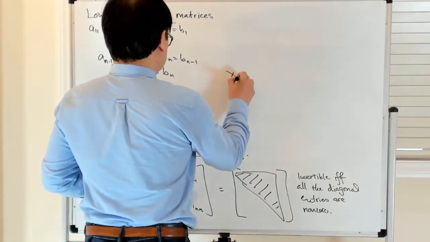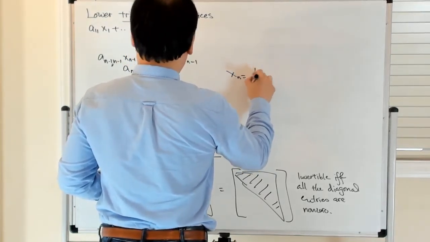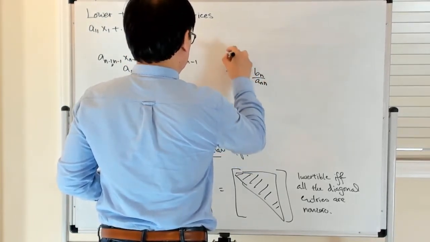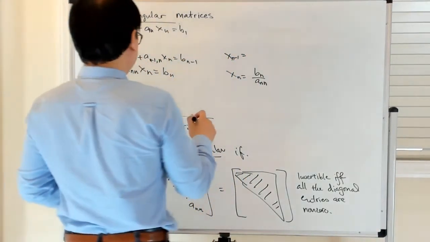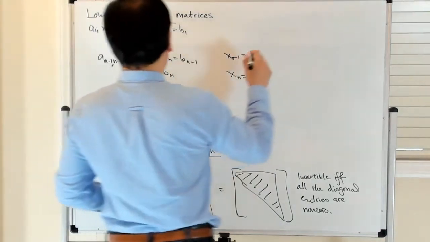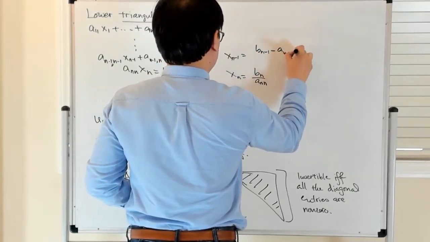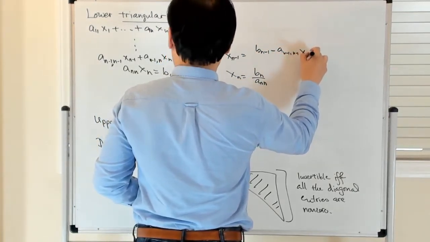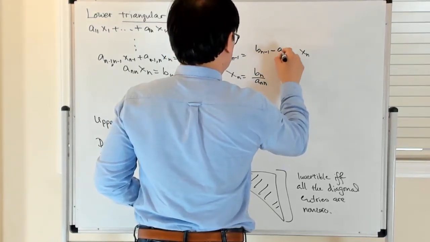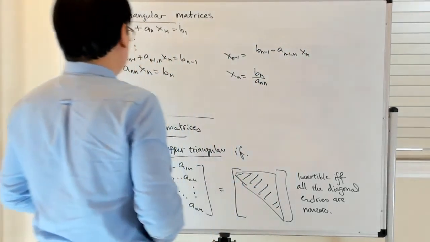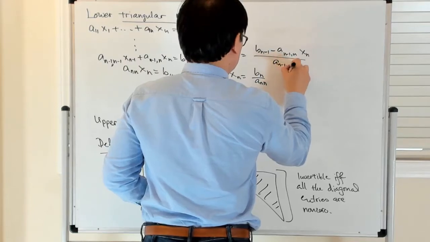So you know that xn is equal to bn divided by ann, and you know xn minus 1 is equal to bn minus 1 minus a n minus 1 n times xn, divided by a n minus 1 n minus 1, and so on.